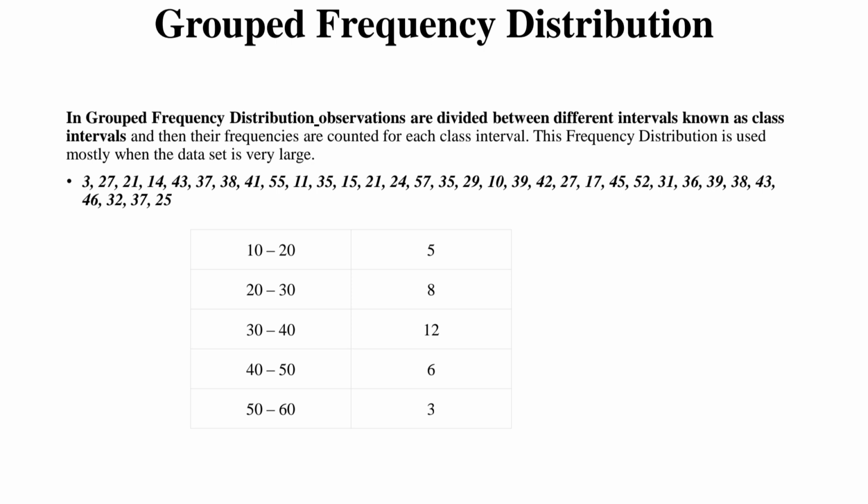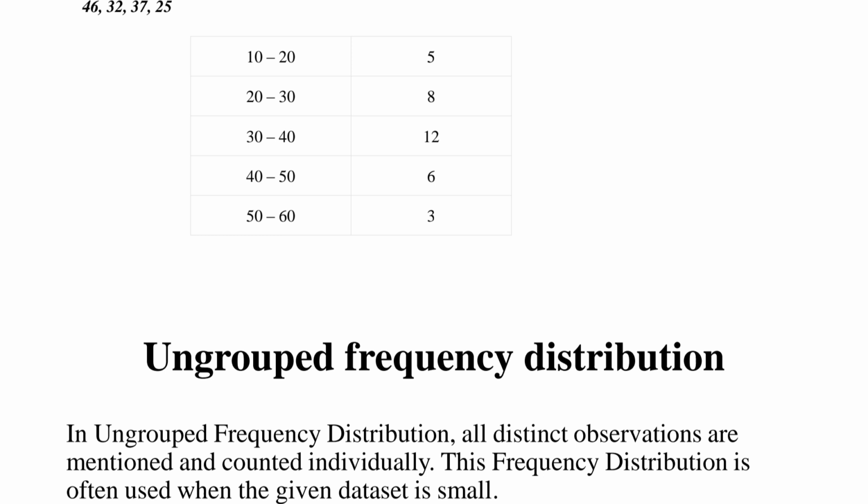Here there is a set of data and we split it into 5 different class intervals, and we find that between the class interval 10 to 20, including 10 and excluding 20, we have 5 observations. Likewise we follow this for all the class intervals. So this is a grouped frequency distribution.